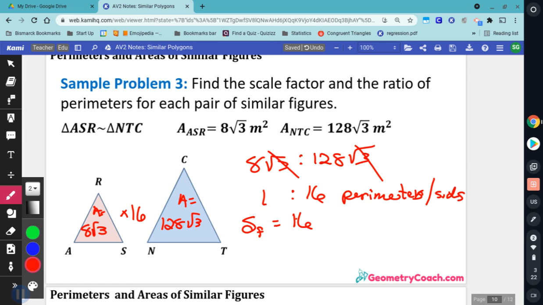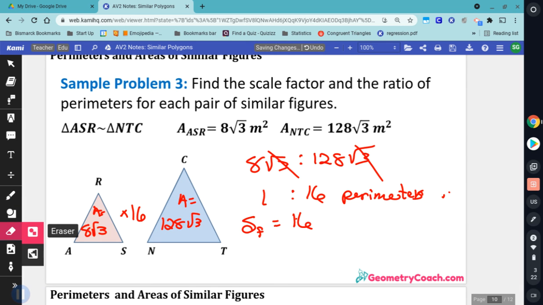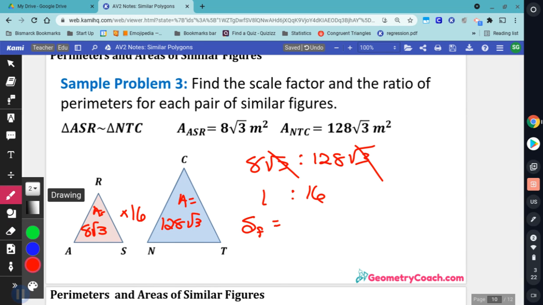Okay. Wait a minute, nope. Back it up. That is the ratio of the areas, not the ratio of the perimeters. 8 root 3 times 16 is 128 root 3, but that's area.